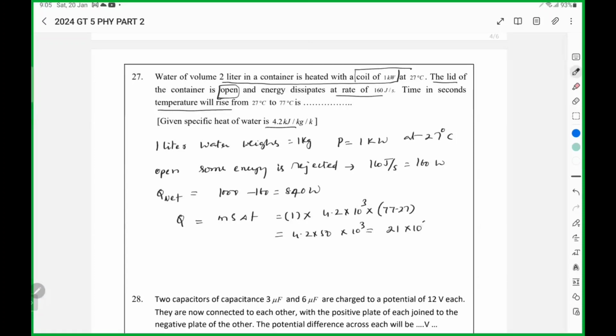21 into 10 power 4 joules. But he has given power, that is 21 into 10 power 4.